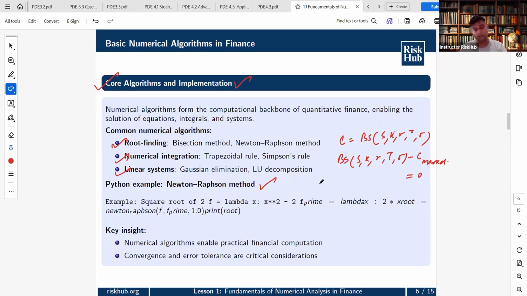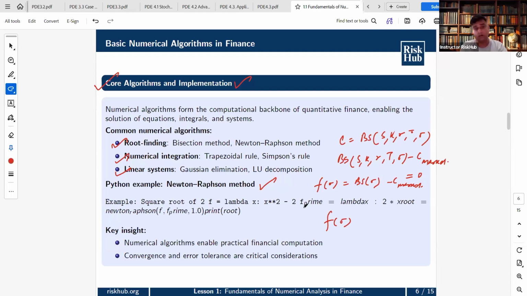Define f(sigma) equal to Black-Scholes(sigma) minus C market, then solve for f(sigma).